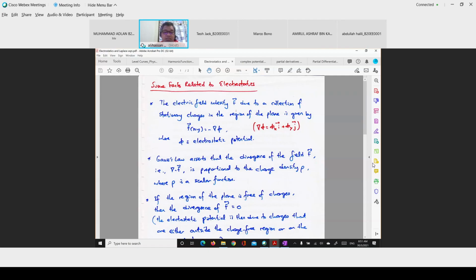You will study this in detail later on about vector calculus, vector valued functions. But for now, let's just go through this simple explanation. This electric field intensity F, which is a vector valued function due to a collection of stationary charges in the region of the plane, is given by.